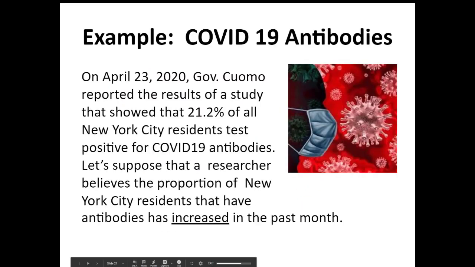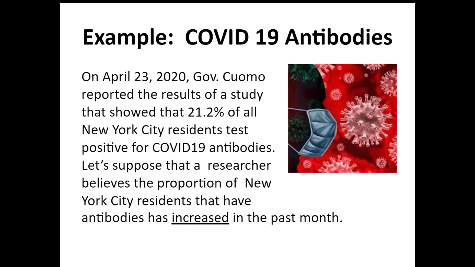Let's practice writing the null and alternate hypothesis with this example. It says, on April 23, 2020, Governor Cuomo reported the results of a study that showed that 21.2% of all New York City residents test positive for COVID-19 antibodies.